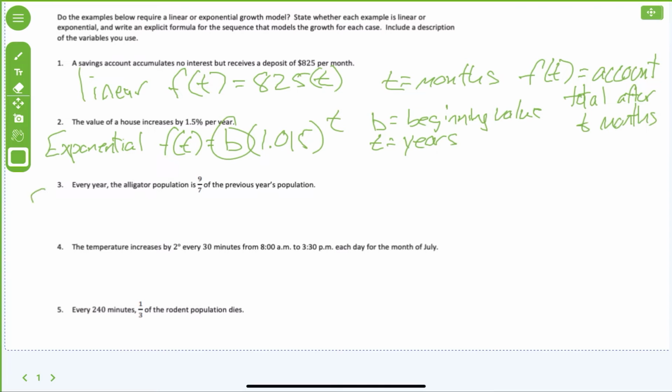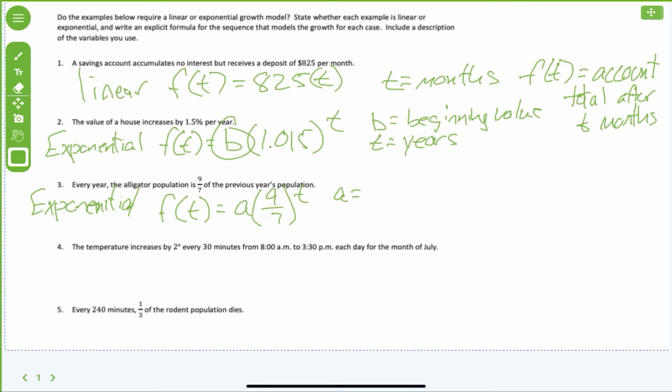Okay. Yeah, this one's going to be exponential too because it depends on the previous year's population, right? So we're going to have f of t is equal to, now, we don't know what the alligator population is, so we'll call it A for alligators, and it's going to be A times 9/7 to the t power.